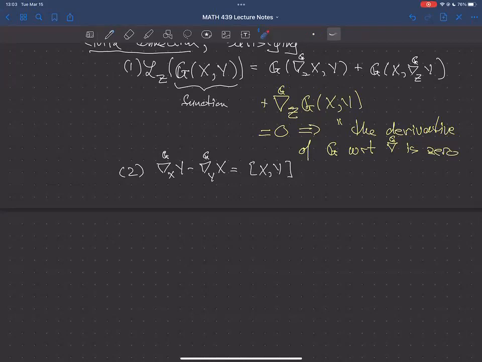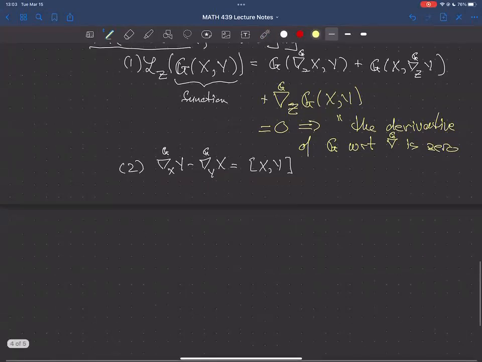This involves the Lie bracket of two vector fields that we talked about last time, and involves the difference of the affine connection applied to X and Y and X. So condition 1 I've interpreted.